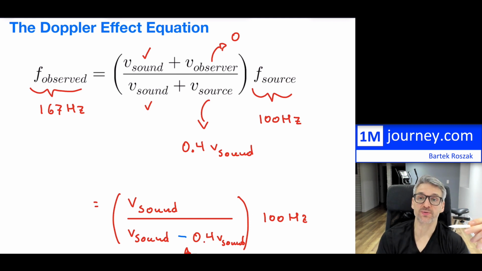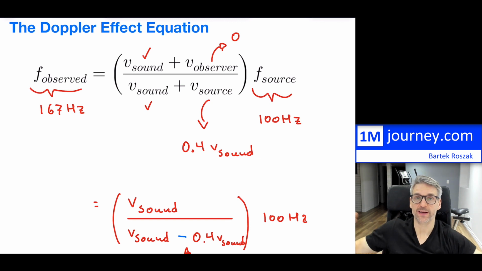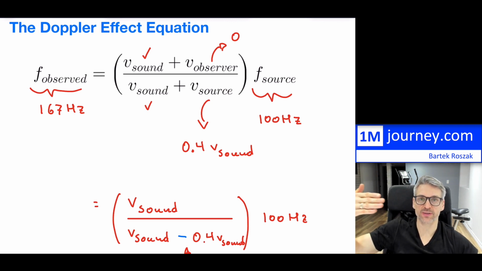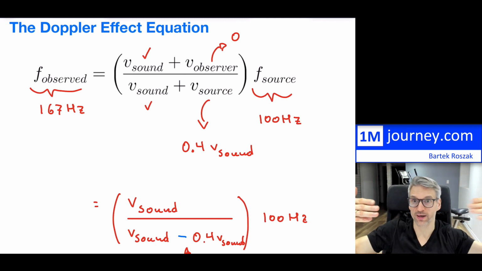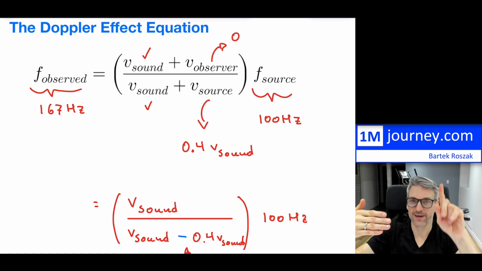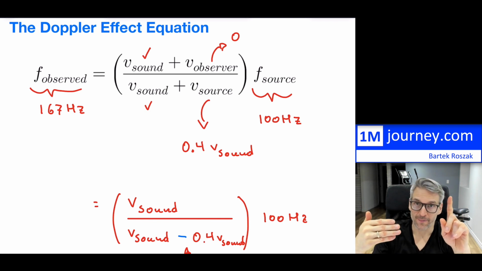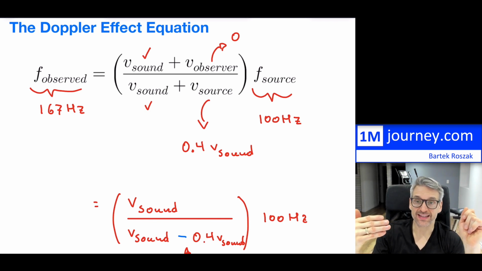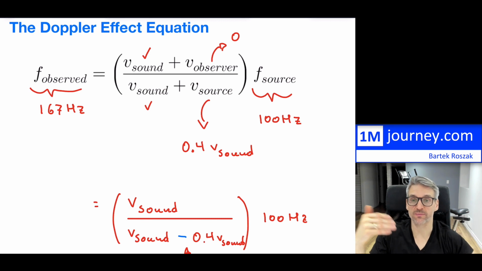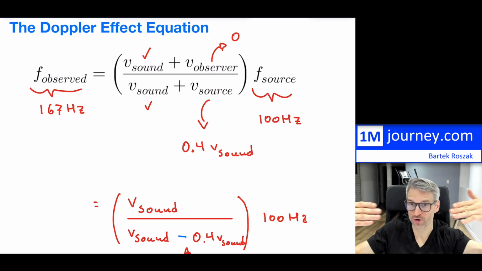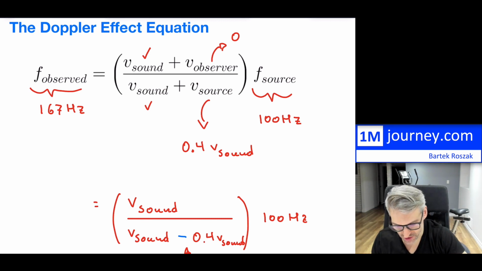Now, if the siren is coming towards you and the observer is also moving towards it, that's actually going to compress the sound even further. So it's going to increase the frequency even more. In that case, if the observer is moving towards the source, that would make this positive.